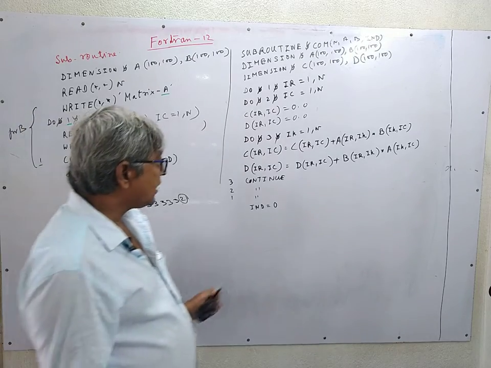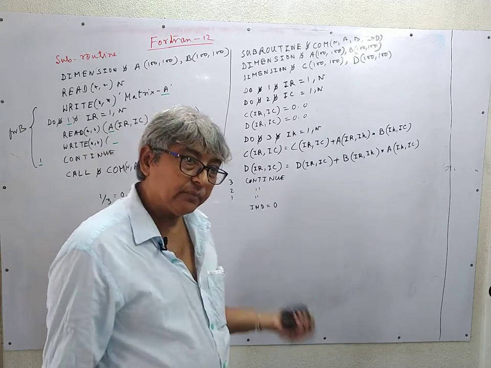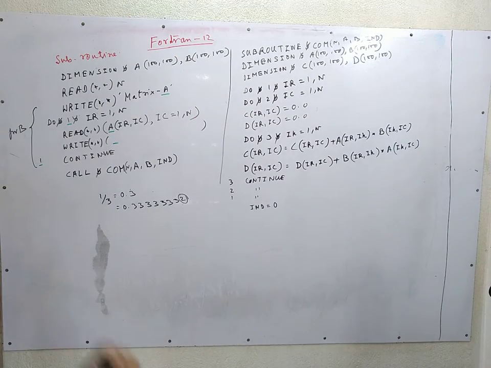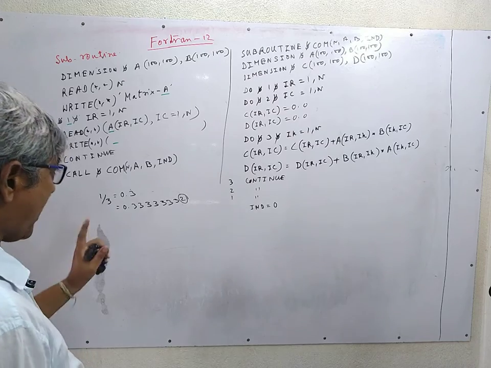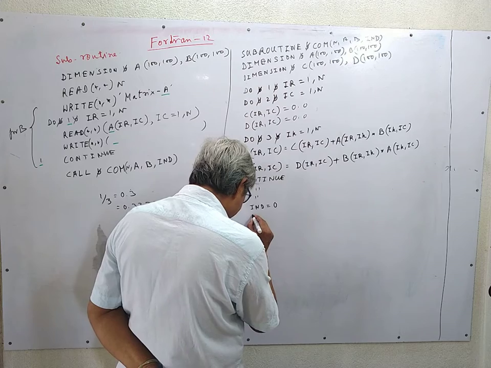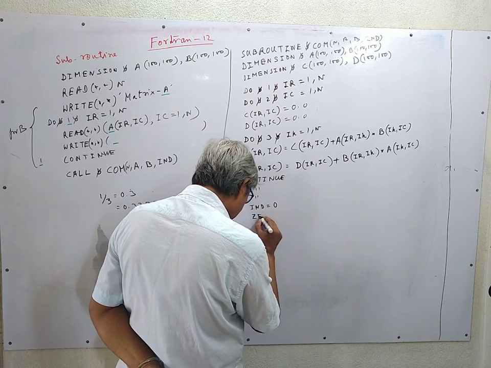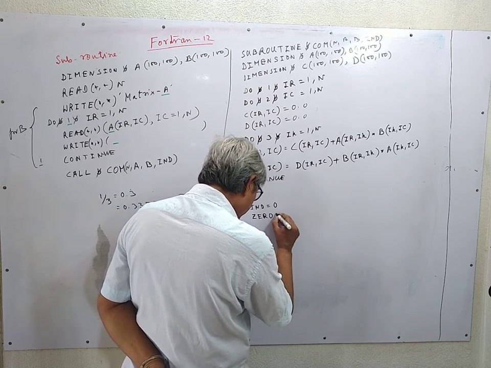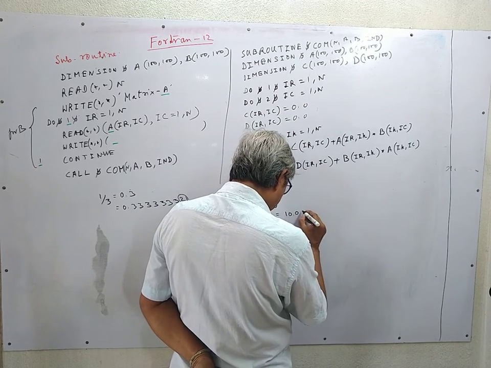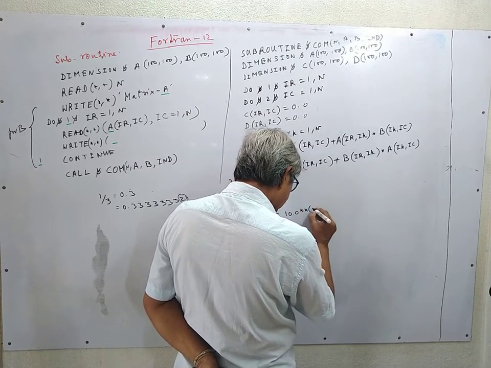So due to this truncation error, even if the elements are equal to each other, there will be a difference after certain steps. So they will not be 0. So we define 0 like this, is equal to, say, 10 to the power minus 6.